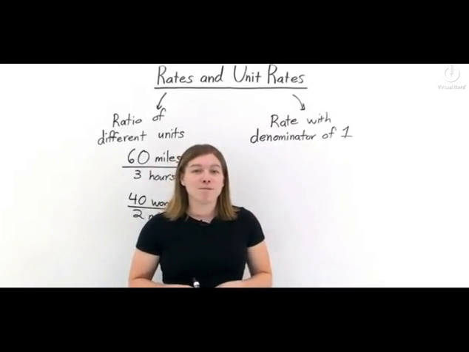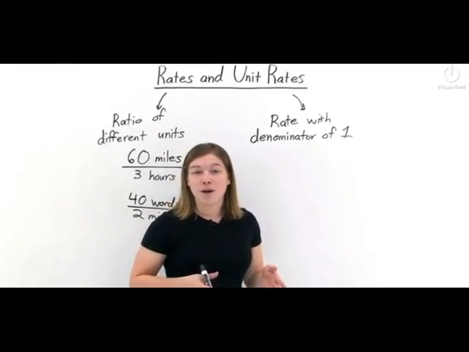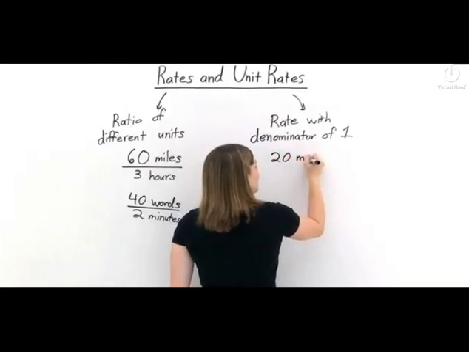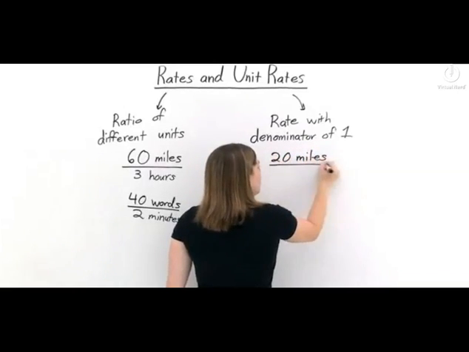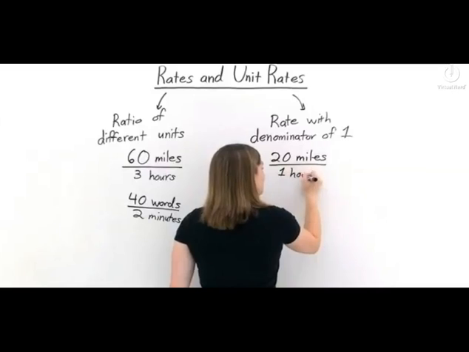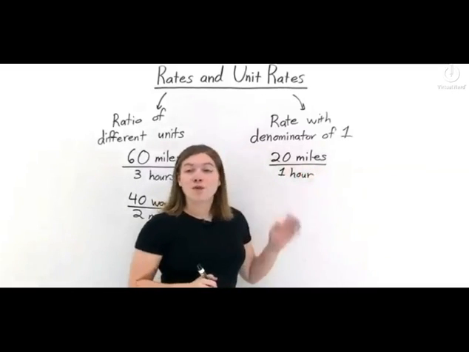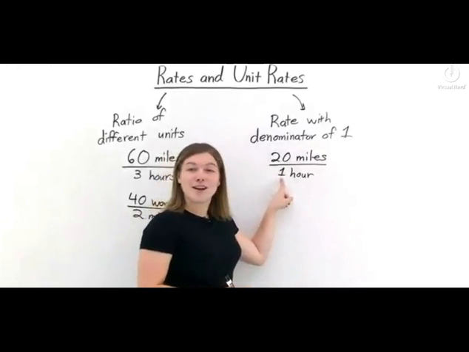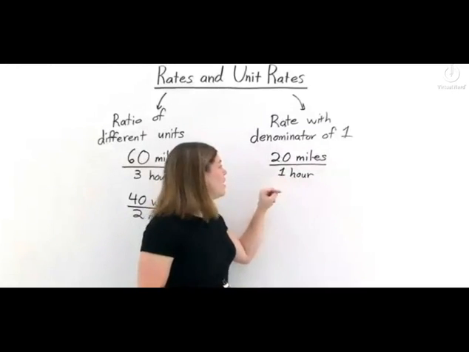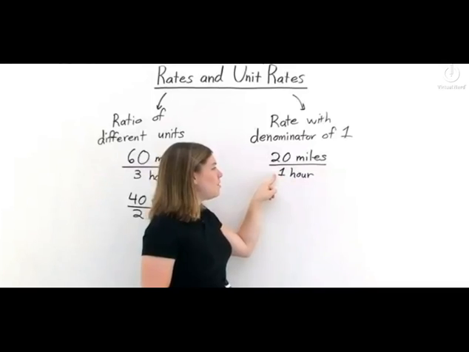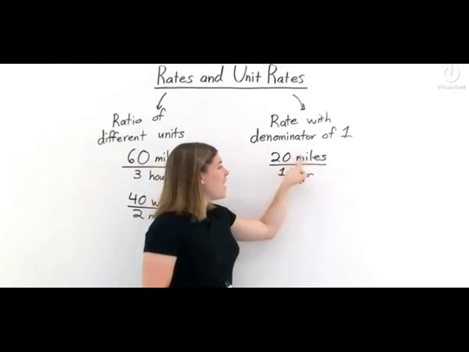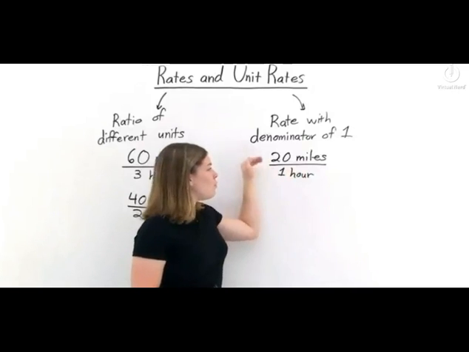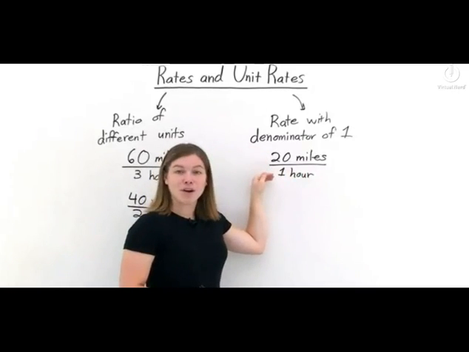Let's compare 20 miles and 1 hour. So we'd write it like this. We'd have 20 miles per 1 hour. This looks just like the rates we were working with before, except here our denominator has a 1 in it. Here again, we have two quantities as a ratio, and they have two different units, miles and hours. So here we have 20 miles per 1 hour.